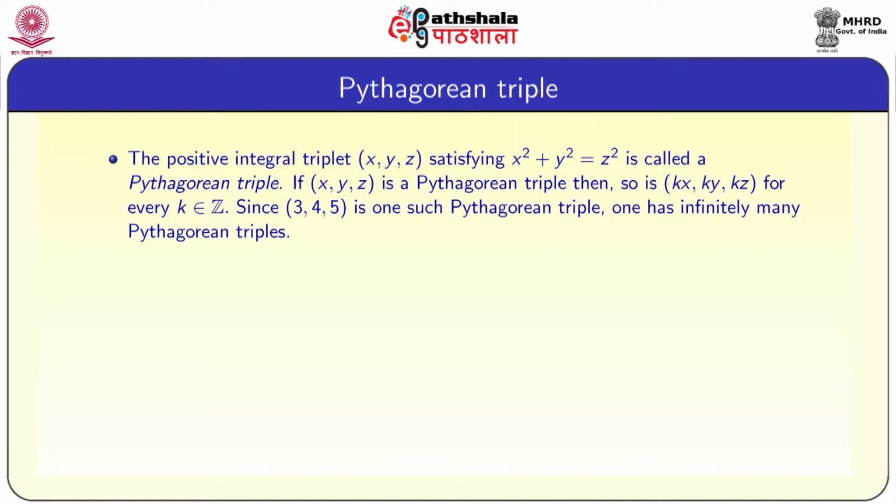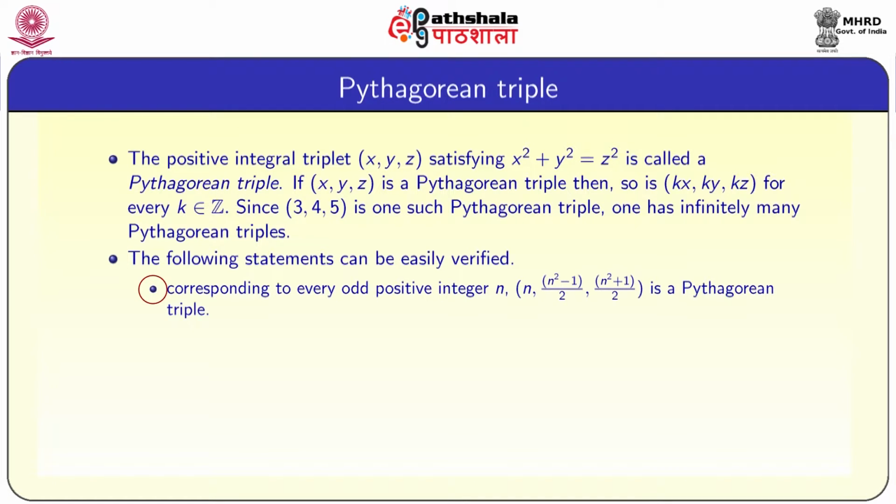If x, y, z is a Pythagorean triple, then kx, ky, kz for every k belonging to the integers is also a Pythagorean triple. Since 3, 4, 5 is one such Pythagorean triple, one has infinitely many Pythagorean triples. The following statements can be verified easily.